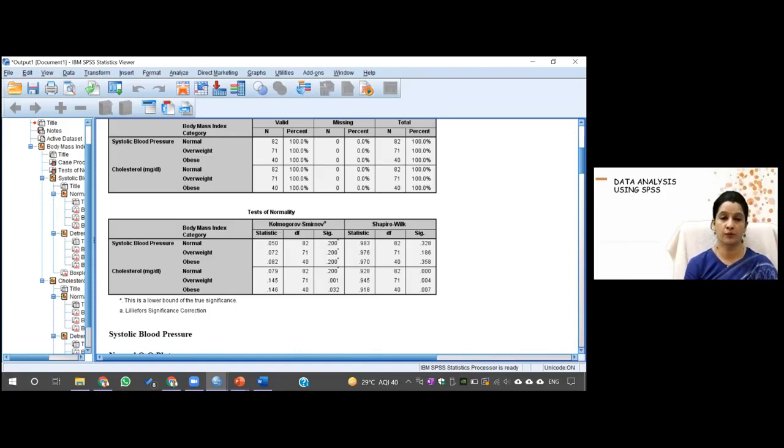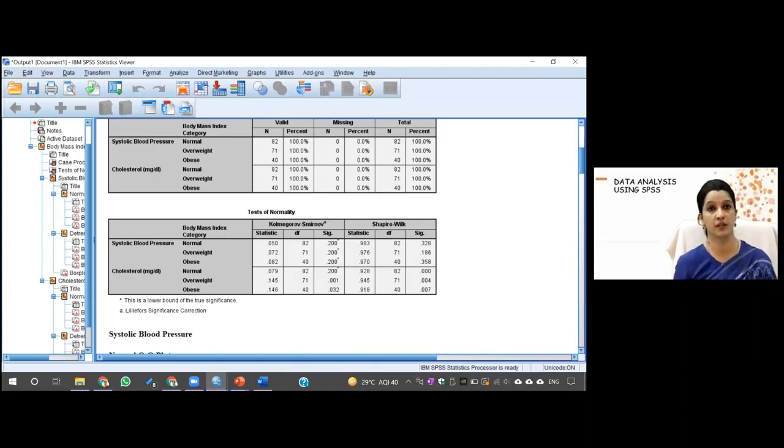In the Shapiro-Wilk, if the p-value is less than 0.05, then it is not normally distributed. Similarly, the value of kurtosis and skewness should be within plus or minus 2. Kurtosis is the peakedness of a graph, and skewness is the symmetry, whether it is right skewed or left skewed. That we have seen yesterday.